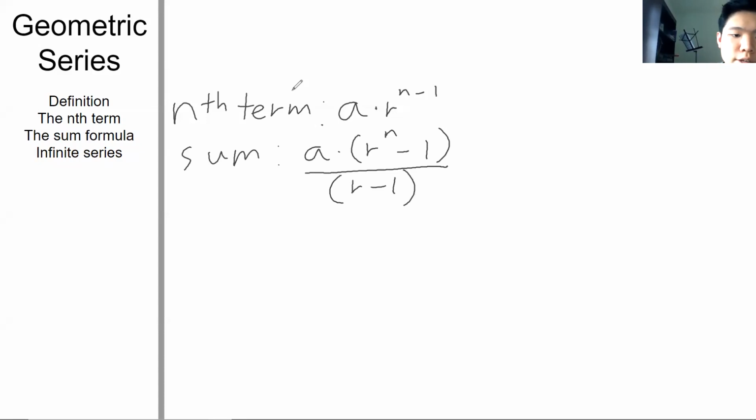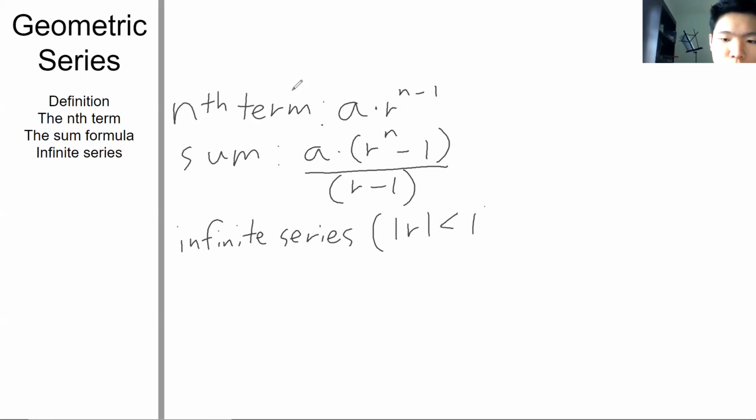And for an infinite series, where the absolute value of the common ratio is less than 1, the sum of it is equal to the first term divided by 1 minus the common ratio.